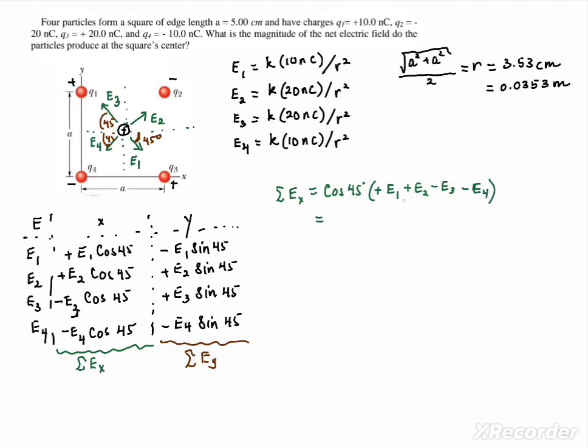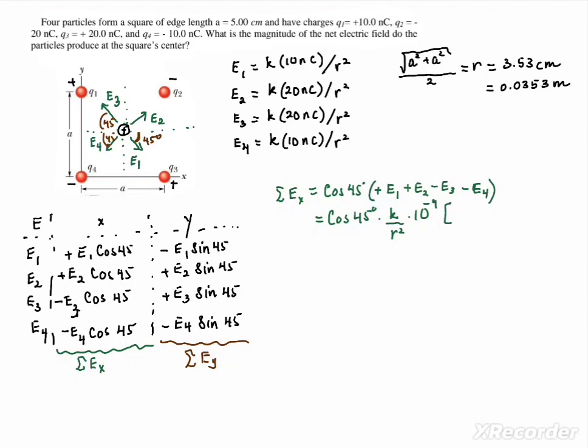So now let's plug in our E values here. So I have cosine 45. Also, when we look at all the E values we found earlier, we can see that K is in the numerator of all of them. So is nanocoulomb, which is 10 to the negative 9, and also r squared is in the denominator. So I'm going to factor them out. I'm going to have k over r squared, and then 10 to the negative 9, which is nano, and then I'm going to write what's left.